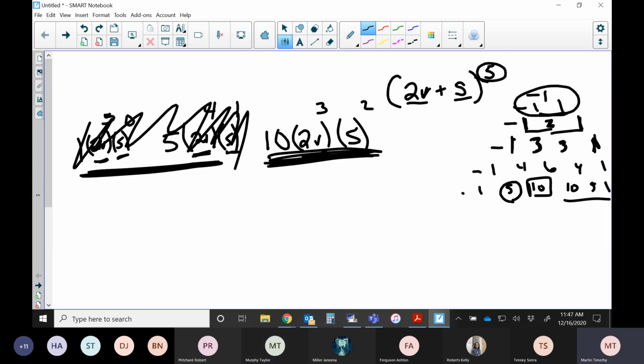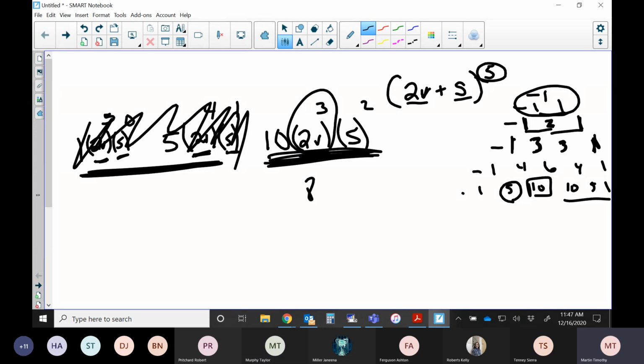What does it mean to be 2v to the 3rd? Would it be 6? No. What does it mean to be 2v to the 3rd? 2v 3 times. So 2v times 2v times 2v. What's 2 times 2 times 2?